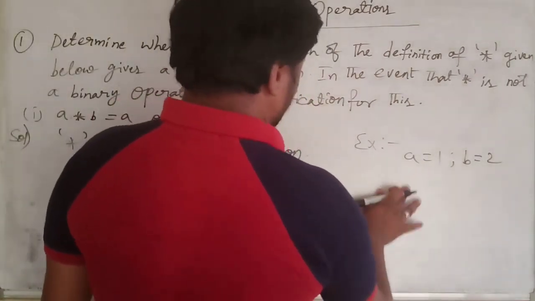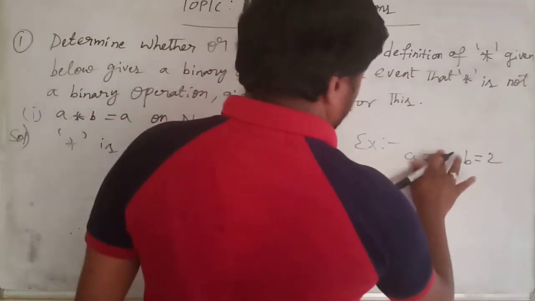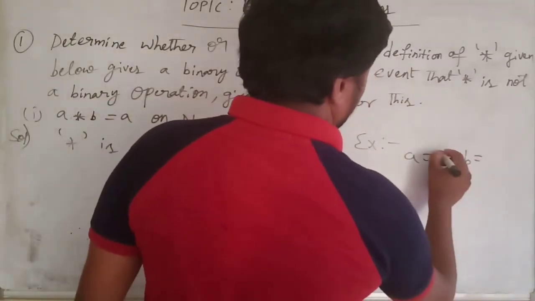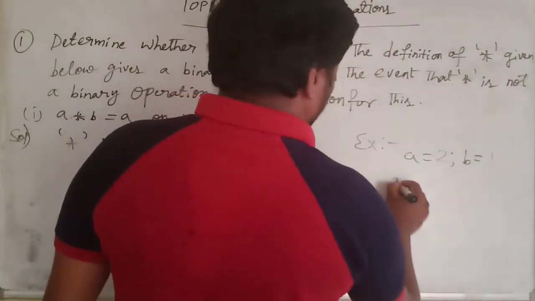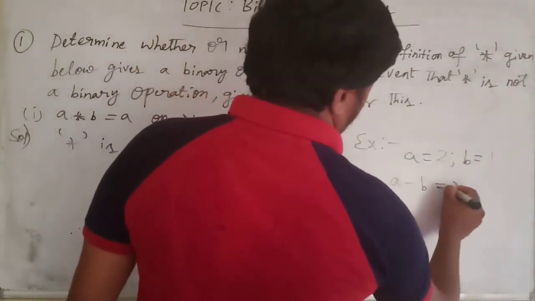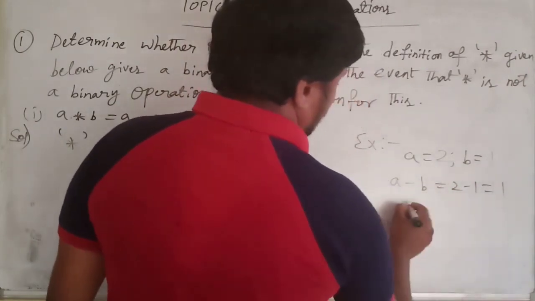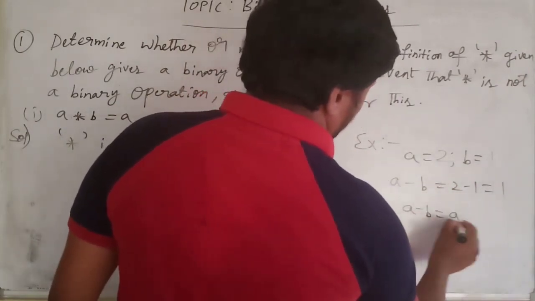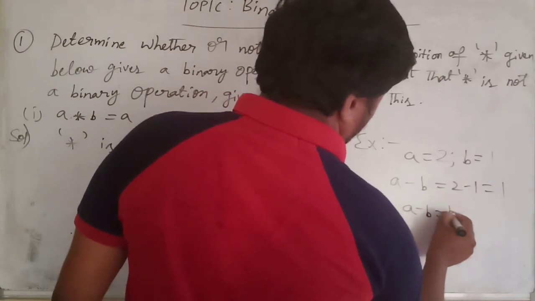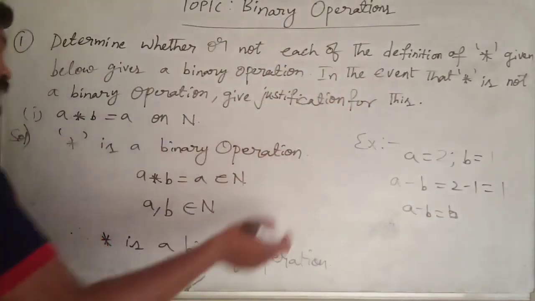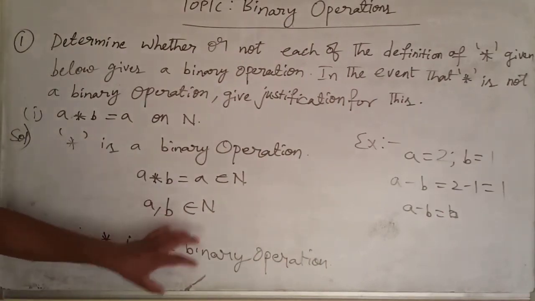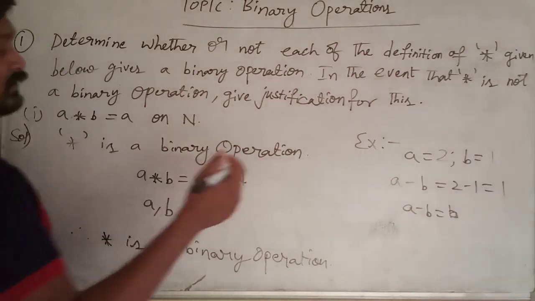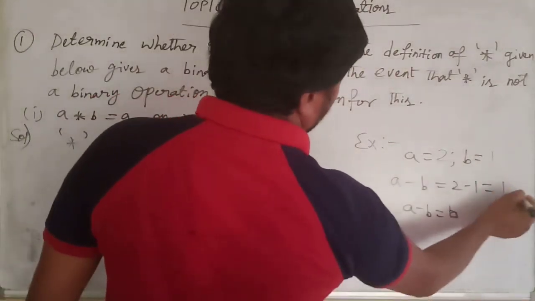Let me check with a as 2 and b as 1. Is it possible or not? Let me take a minus b: 2 minus 1 is equal to 1. Here, mainly the result should be a natural number, and whichever you try, you get a natural number.